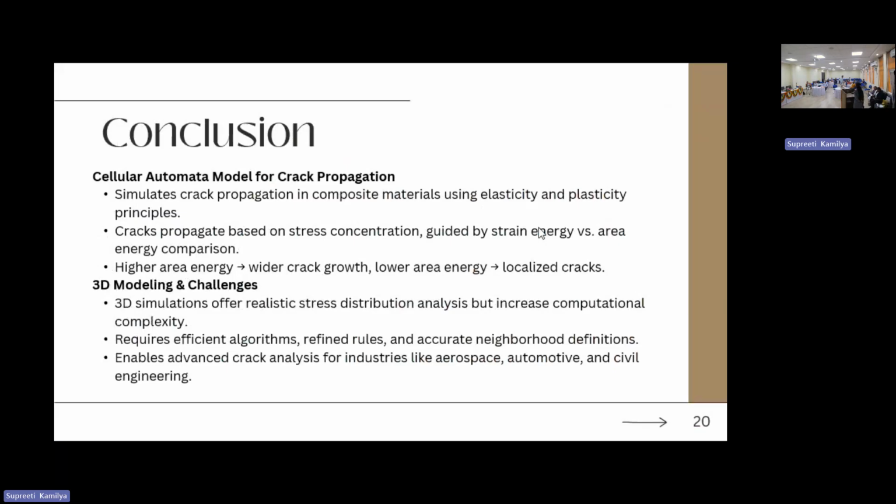It's a simple comparison between what we can do with the help of CA and the commercial software. What other neighborhood can you think of? That I have to look into.